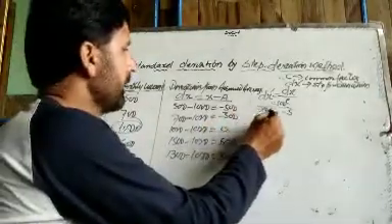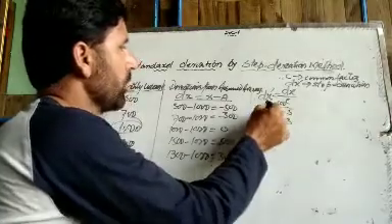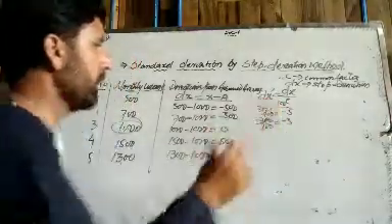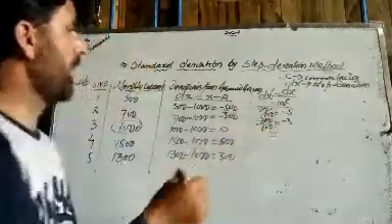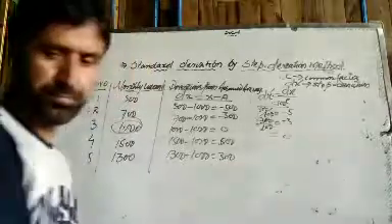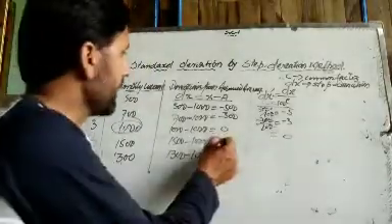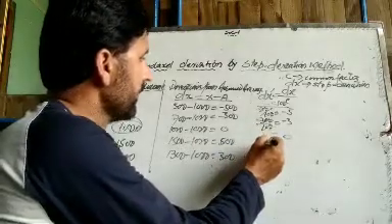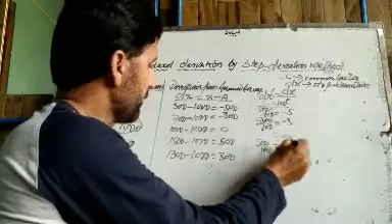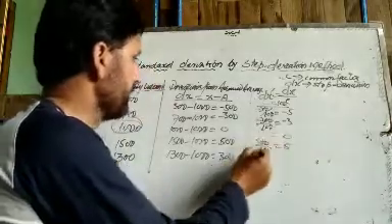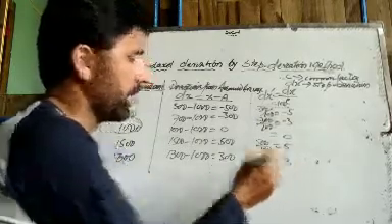Minus 300 upon 100 is equal to minus 3, because the zeros will be cancelled. 0 upon 100 is equal to 0. 500 upon 100 is equal to 5, and 300 upon 100 is equal to 3.